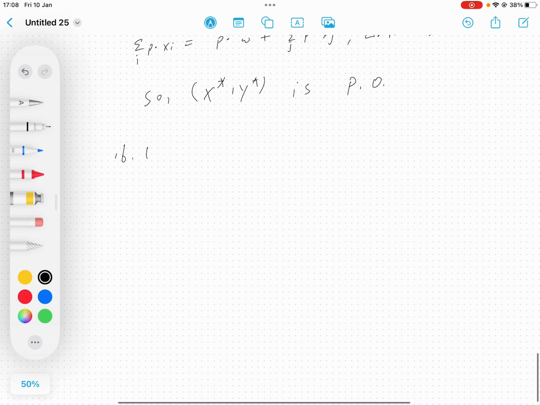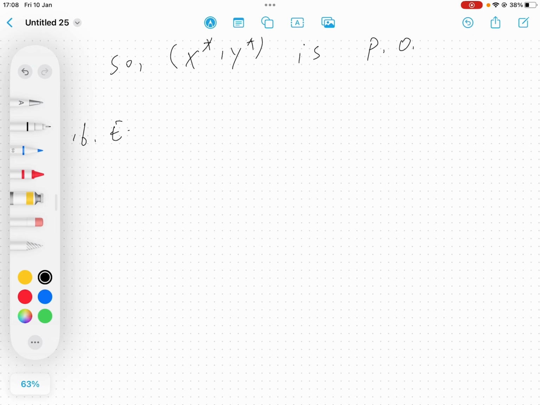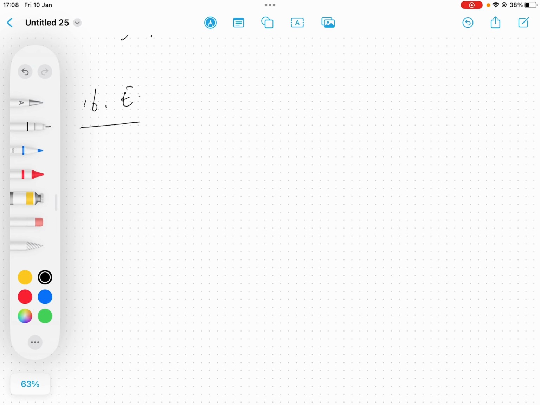So the next is going to be 16.E, where we talk about Pareto optimality and also social welfare optima, okay. Here we're going to discuss the relationship between Pareto optimality and the maximization of a social welfare function, okay. We're going to also further define this, okay.